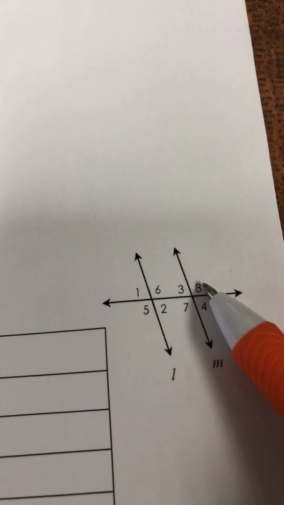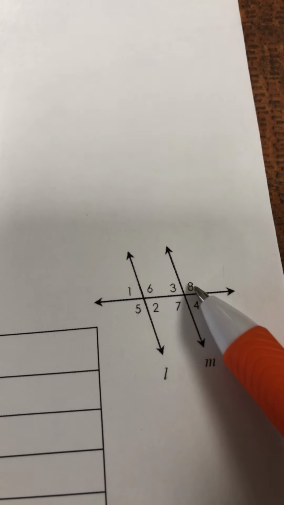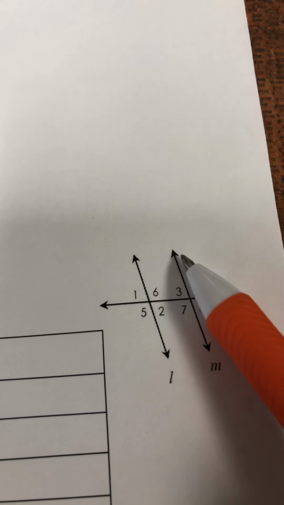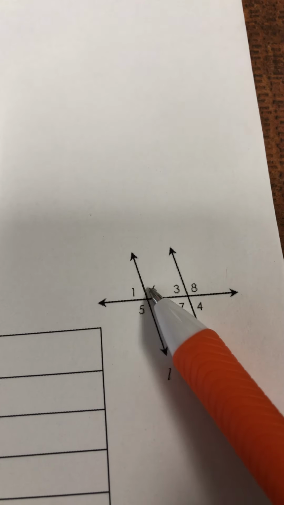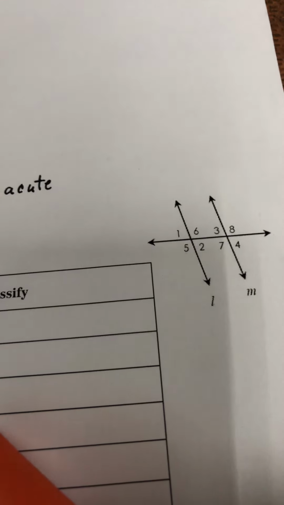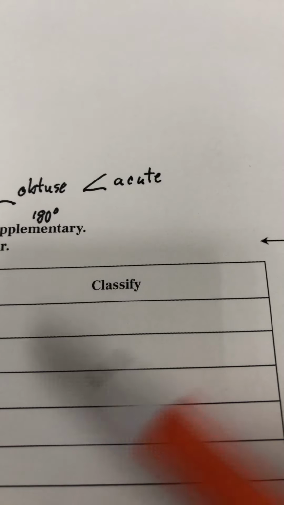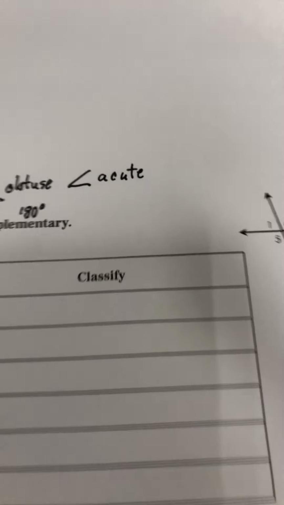That's going to give you a clue how to classify these. They're both in the same position with the parallel, to the right of this parallel line. How would you classify those? What's the name that gives the relationship to these two, 6 and 8?